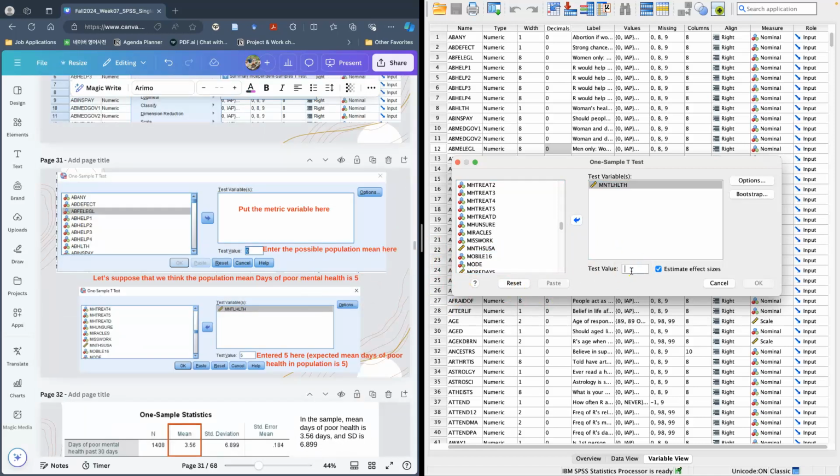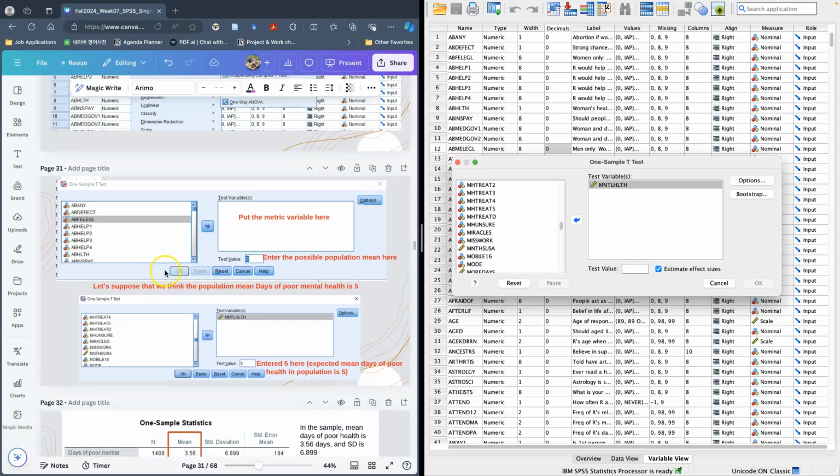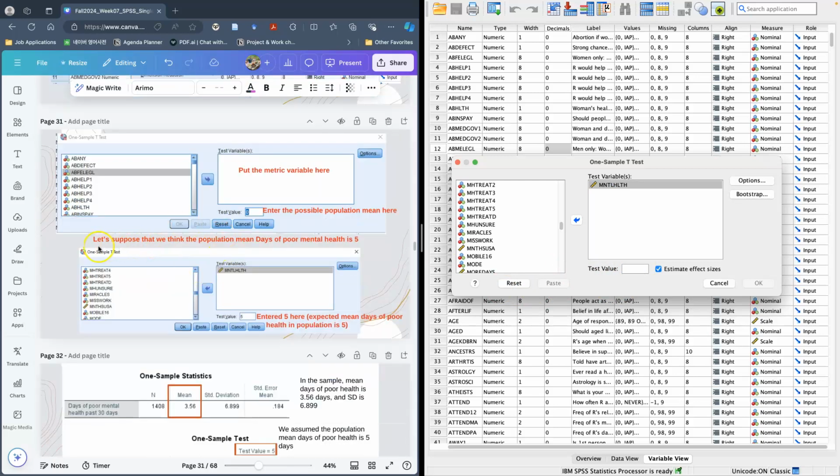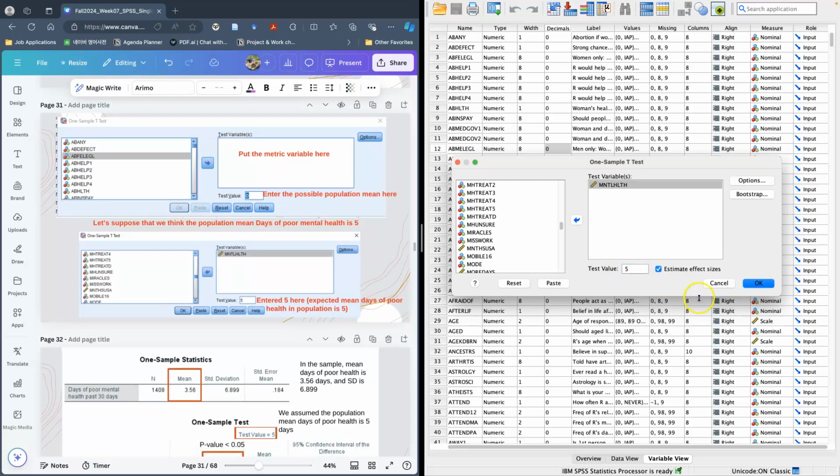So in your assumption or in your guess, like the first example, let's suppose that we think the population mean days of the poor mental health... We don't know about that because we don't have the data, and we need to collect the data from the 336 million people in the United States, which is not available mostly. So let's assume that averagely in the population, 5 days of the poor mental health, and click OK.